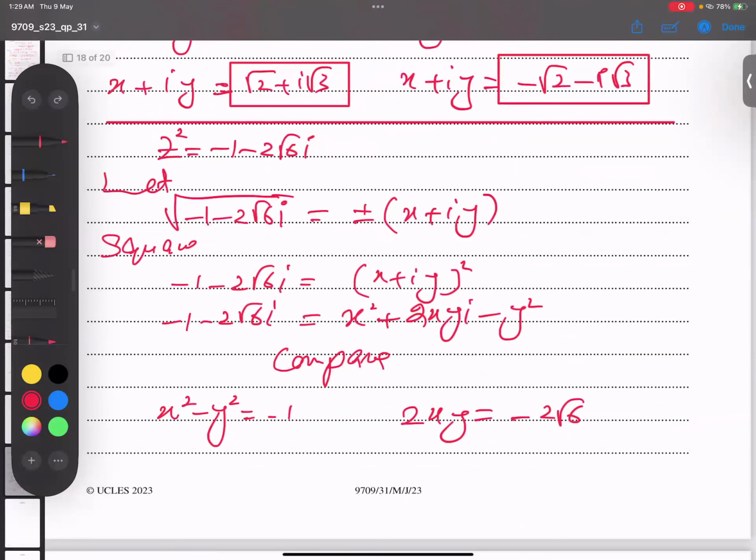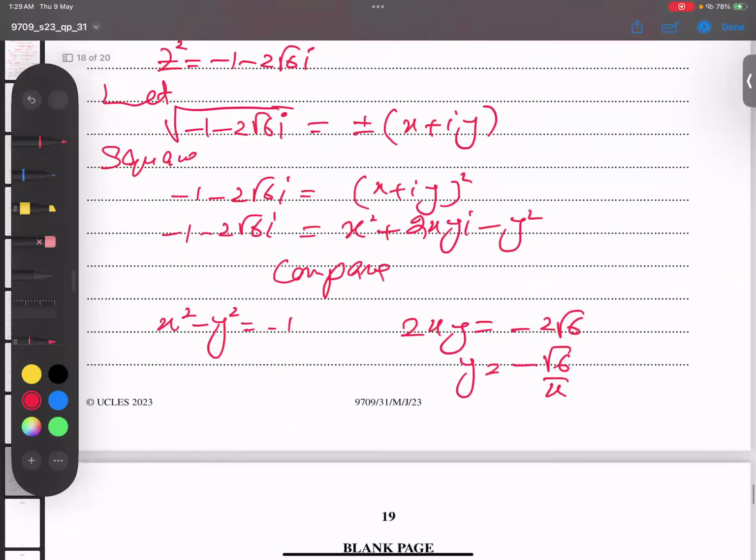So if I take a negative sign here, what will happen? It will help me, but the end result is the same, so no issue at all. So I make y the subject. 2 cancels out, and I got negative root 6 over x.